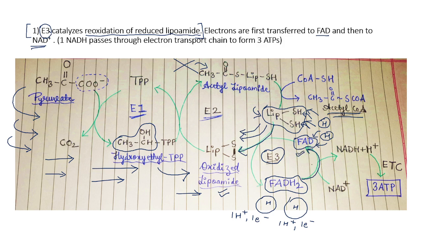Therefore we need to convert this reduced FADH2 into FAD so that the next pyruvate oxidation cycle can occur. So these hydrogen atoms will be accepted by the next cofactor of enzyme 3, that is NAD+, which is present in the oxidized state.